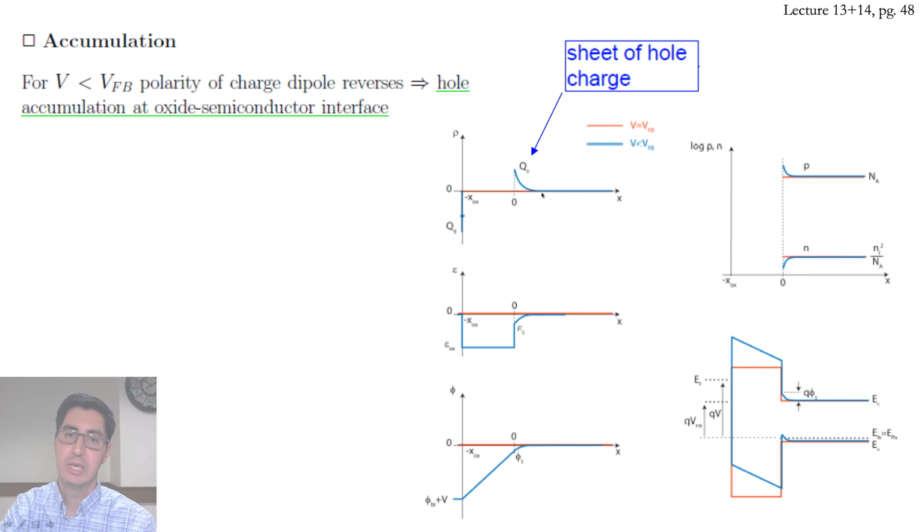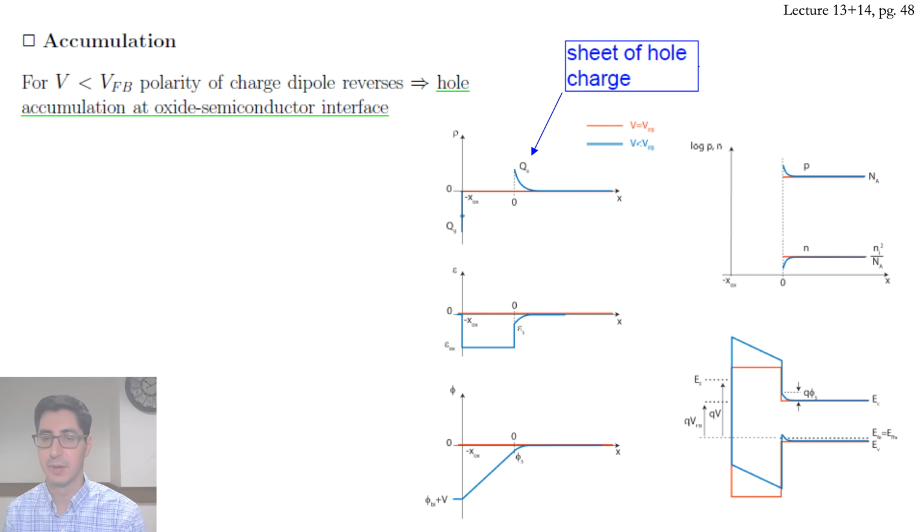So we start to accumulate this sheet of charge, and this sheet of charge is not the same as a depletion region. Why? Because in the depletion region, we were depleting our holes, removing them from the surface of the device.